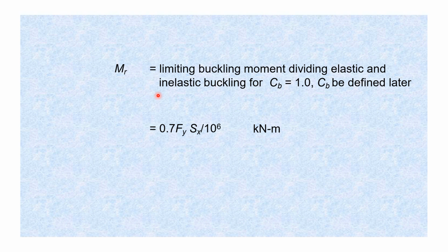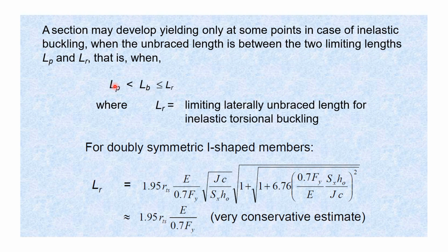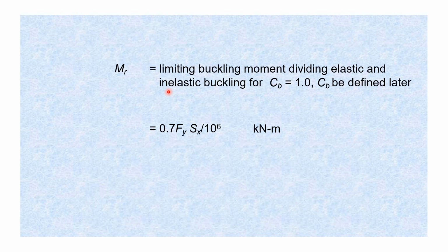MR means when the length reaches LR, how the moment capacity will be calculated, the limiting buckling moment dividing elastic and inelastic buckling, for CB equal to 1, and CB can be defined later. I will discuss later, I already said. So it is equal to 0.7 FY SX divided by 10 power 6 kilonewton meter.